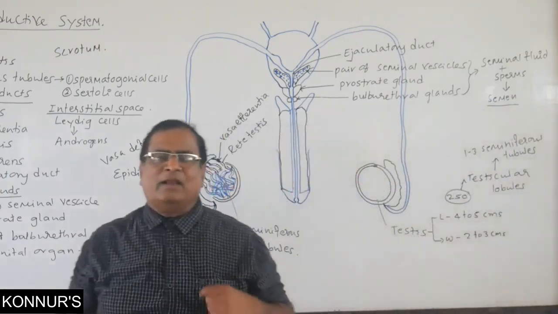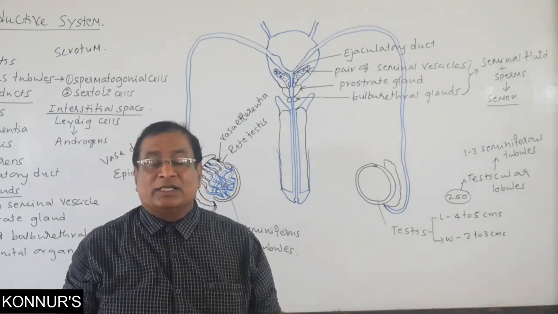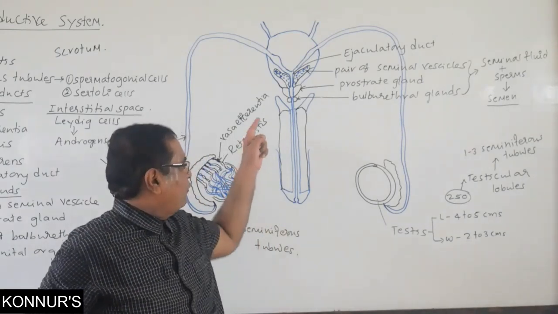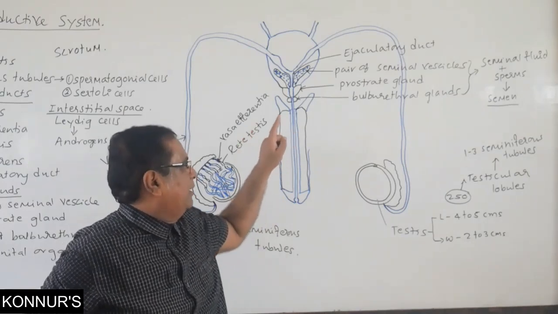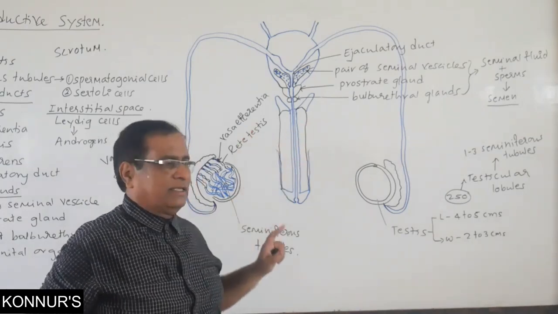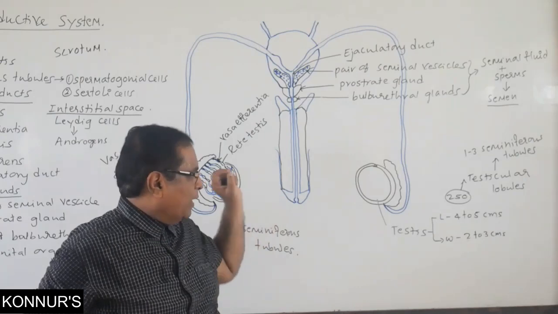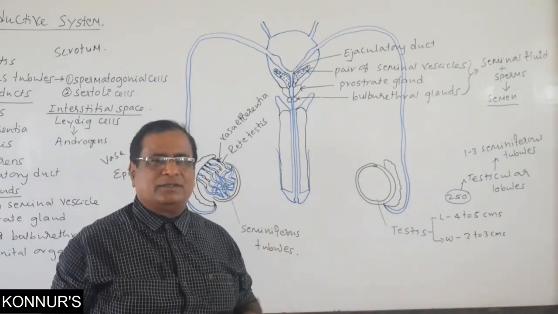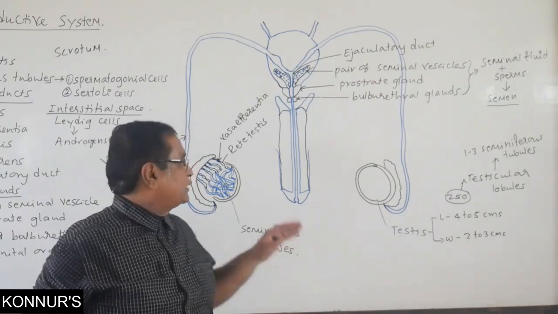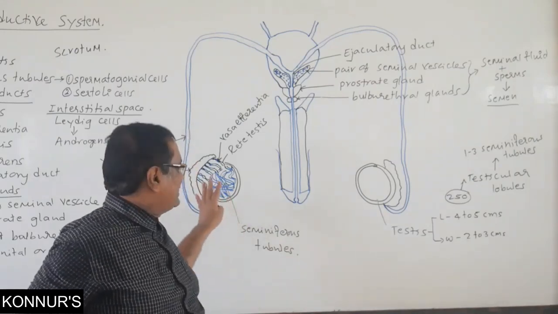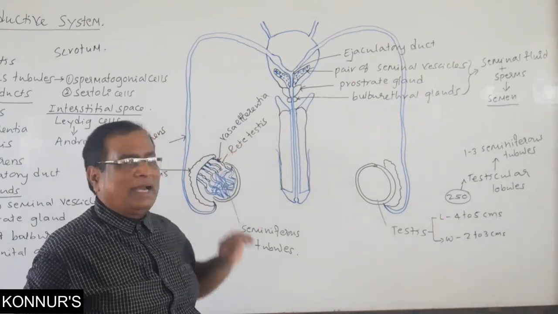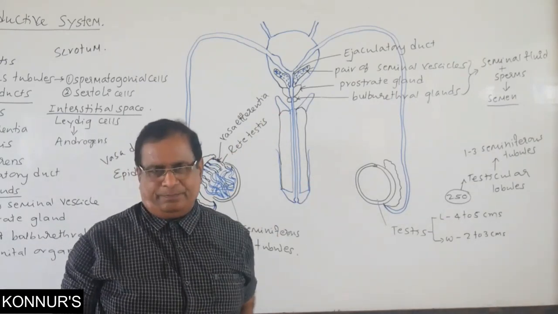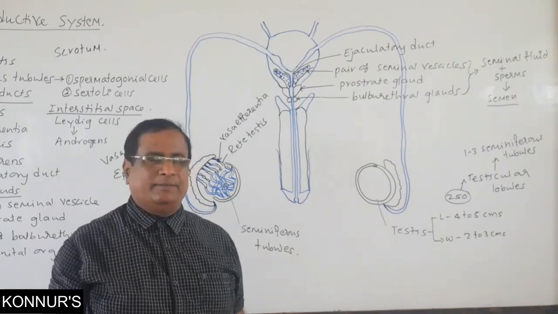Semen is a seminal fluid in which sperms are present. It's a seminal fluid produced by the pair of seminal vesicles, prostate gland, and bulbourethral glands, and in that fluid the sperms which have come from the testes are embedded, and that is said to be semen.